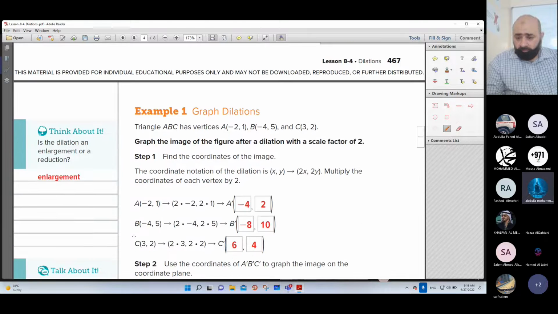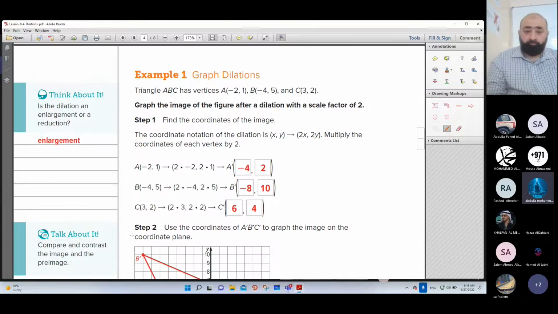For example, graph dilations. Triangle ABC has vertices A, B, and C. Graph the image of the figure after a dilation with a scale factor of 2.